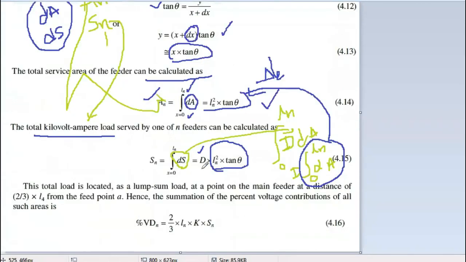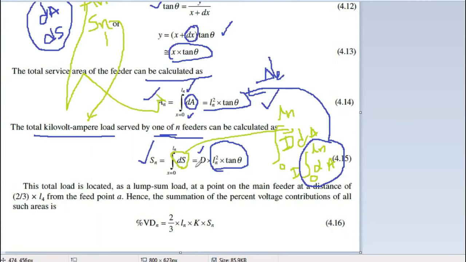Then you can get the total kilovolt amperes load served by one of the n feeders as Sn equal to d into ln square into tan theta. Now the total load is located as a lumped sum at a point on the main feeder.